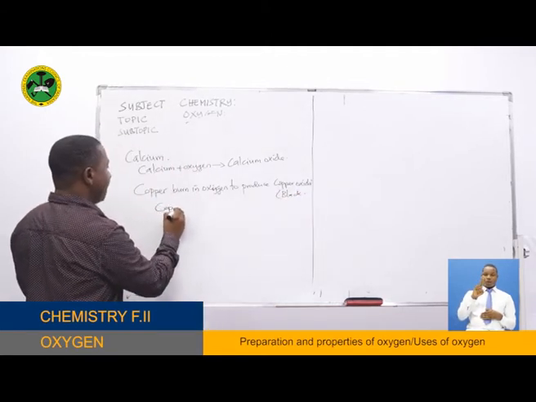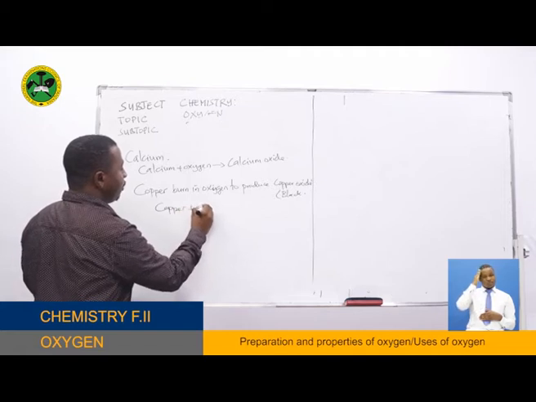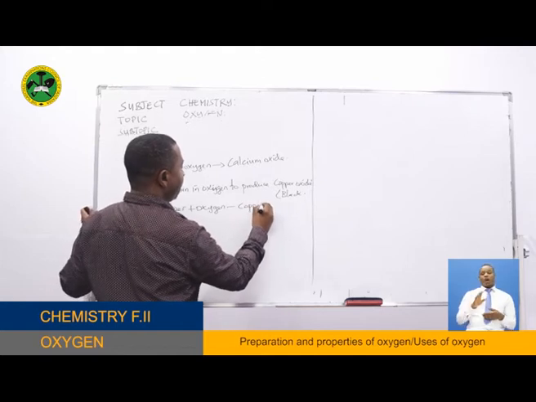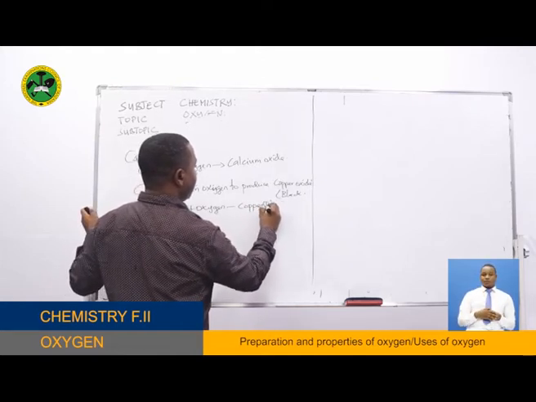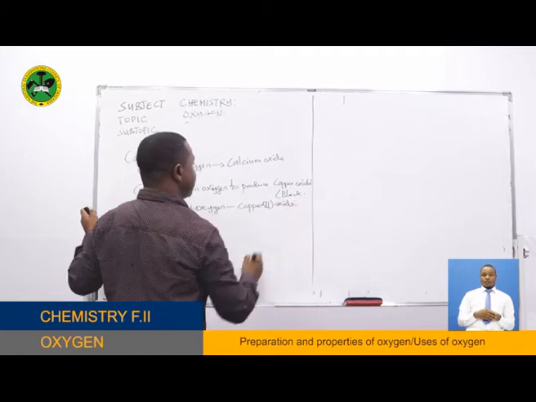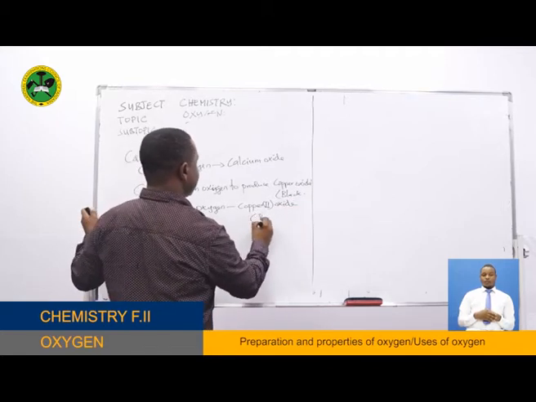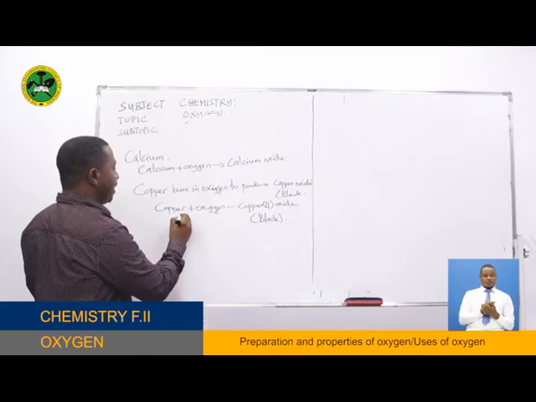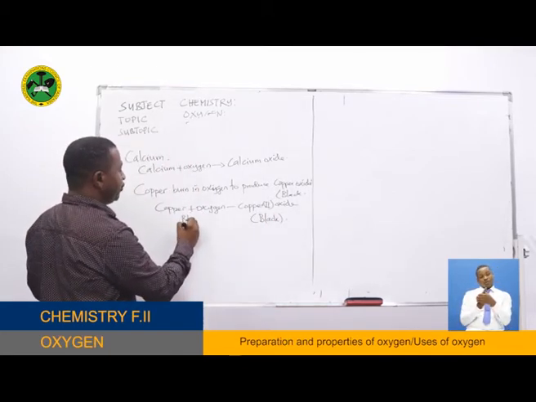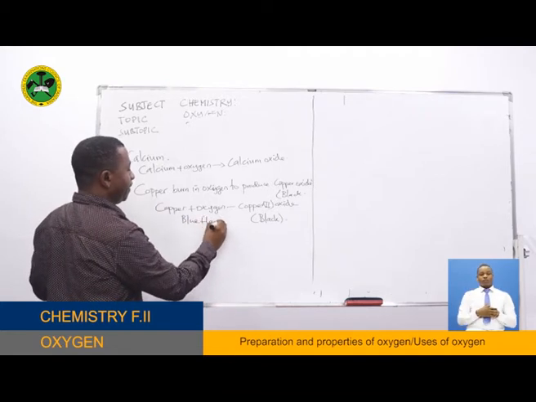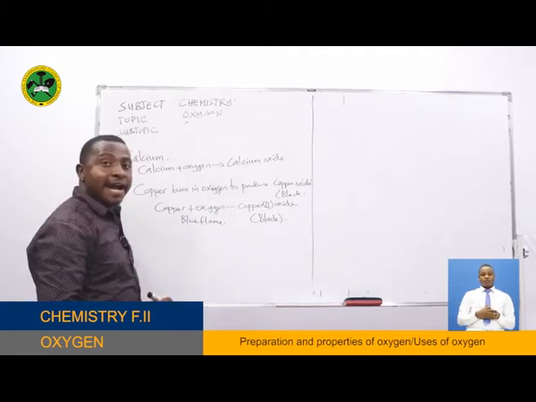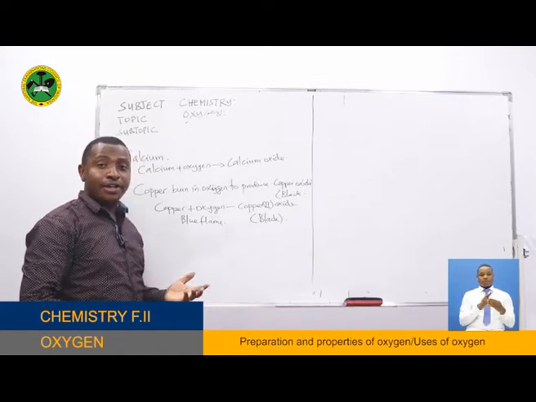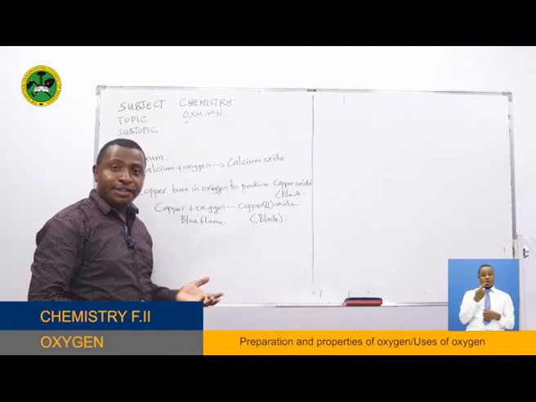So copper, when it reacts with the oxygen, produces copper oxide. This one is black, a black solid. And the flame is always a blue flame.